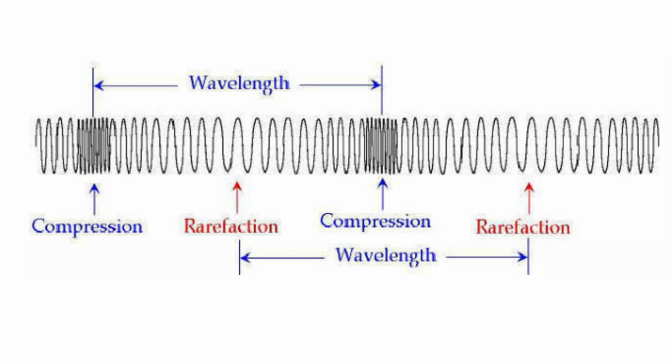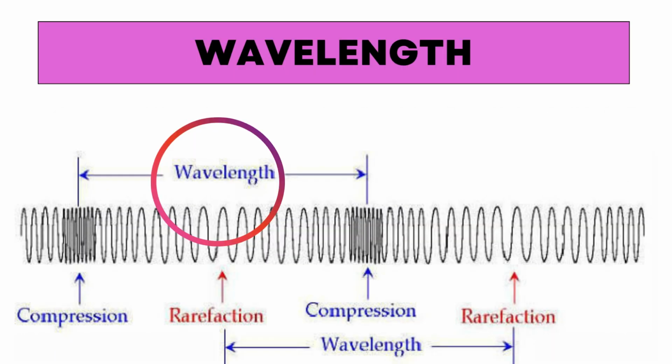Push one end of the spring towards the other end, compressing the coils together. This action represents a compression in the spring wave model. After compressing the spring, pull the end back to its original position, spreading the coils apart. This action represents a rarefaction in the spring wave model.